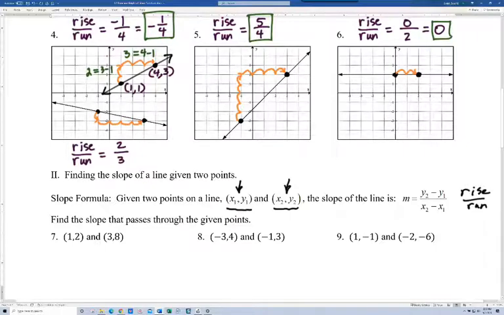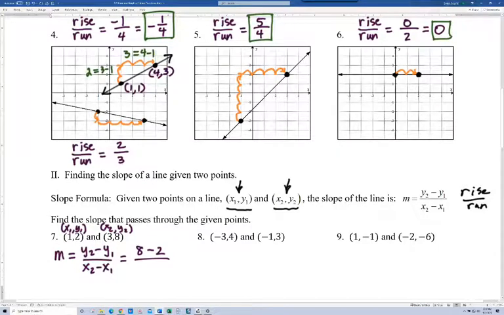All right, so number 7 here, I'm going to go ahead and write the formula. And this is what I call a plug and chug situation. I have 2 points. I'm going to call this my first point, and the 3/8 is going to be my second point. So 1, 2 is my first point, 3/8 is my second point, and now we're just going to plug in the numbers. So y sub 2 is 8, and we're going to subtract y sub 1, which is 2.